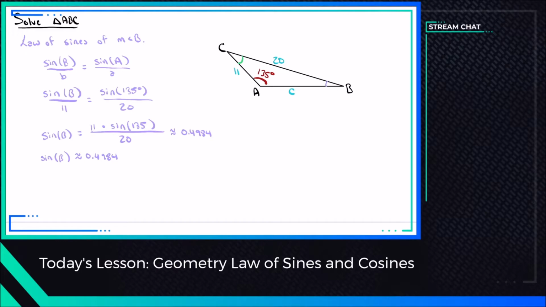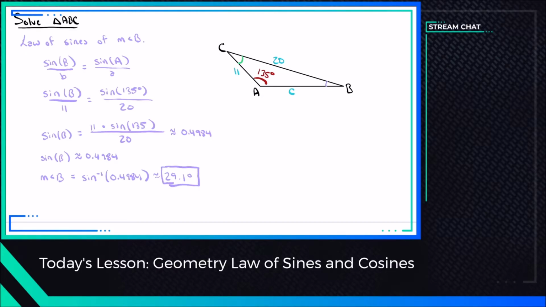And going back to our lesson that we did last time, we can find the measurement of angle B by using an inverse trig ratio. So if we take the inverse sine of 0.4984, that is going to give us approximately 29.1 degrees.